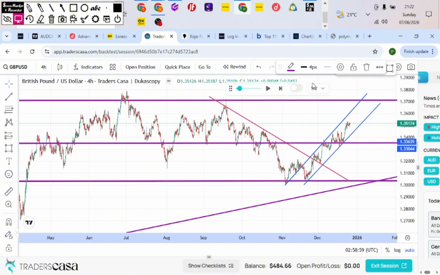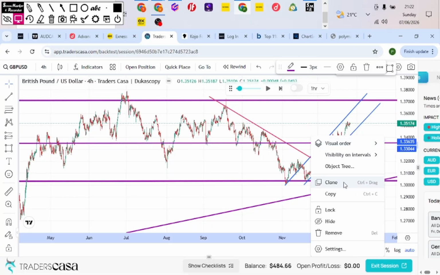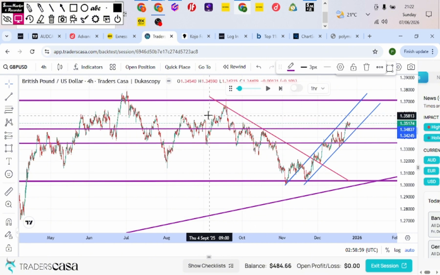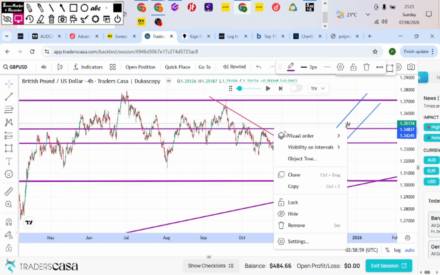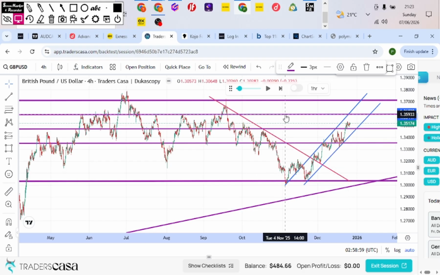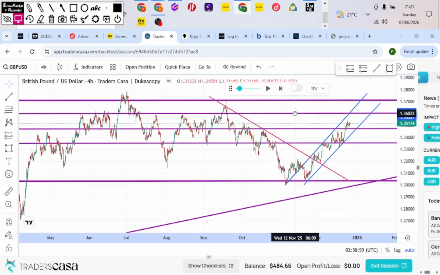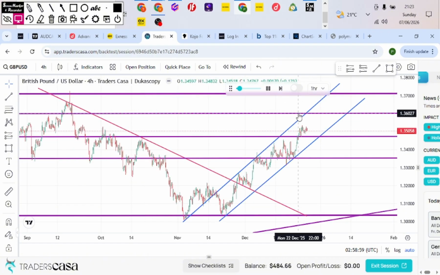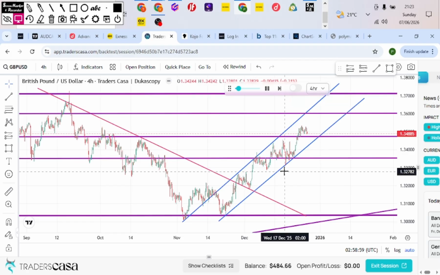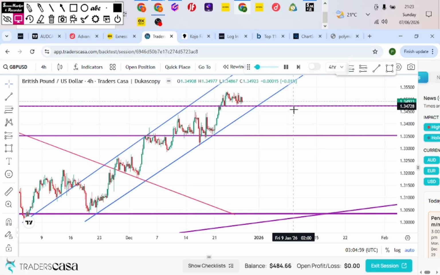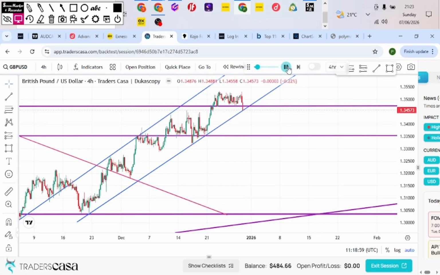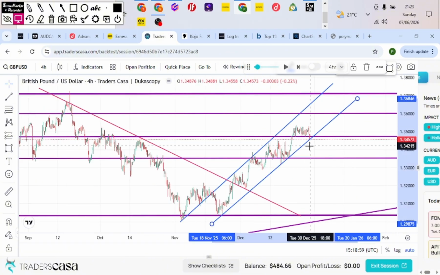Yeah, this is our minor support and resistance, and the next. If the market breaks this trend line, we will look for a sell position.